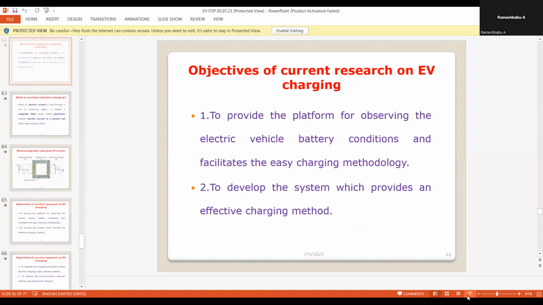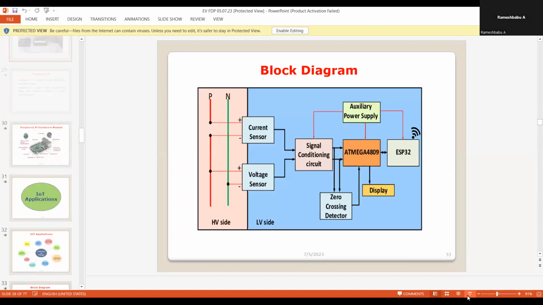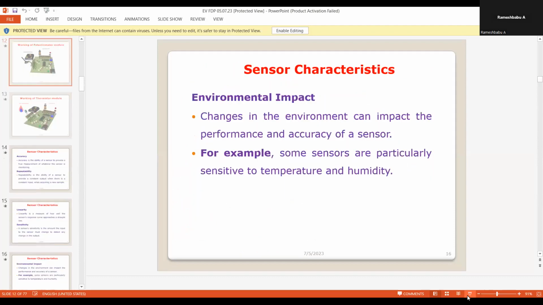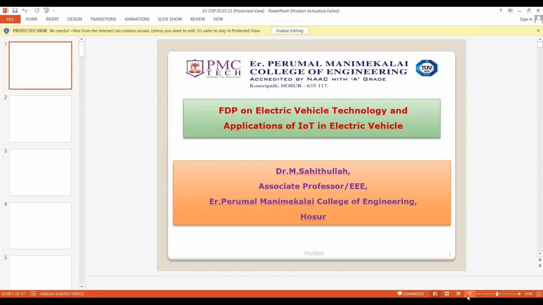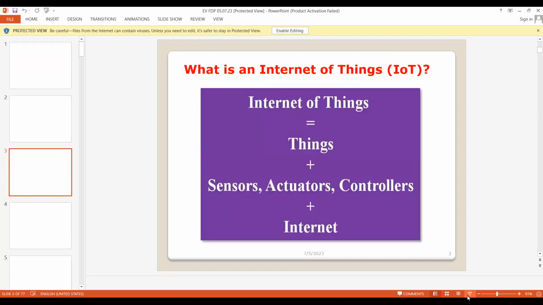Then a quick summary of IoT applications. But mainly, what are the terms in IoT? The main things: sensors, actuators, and controllers.